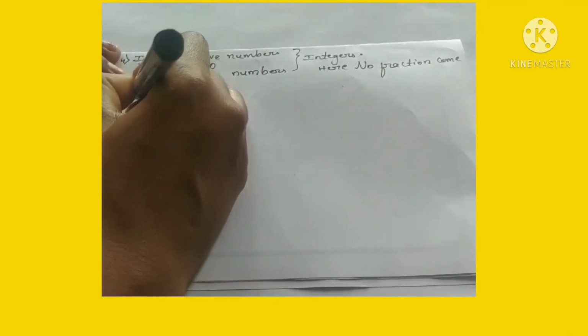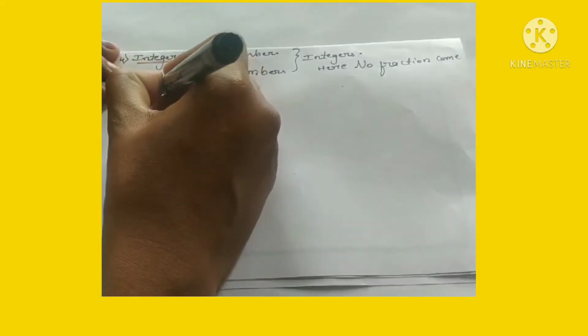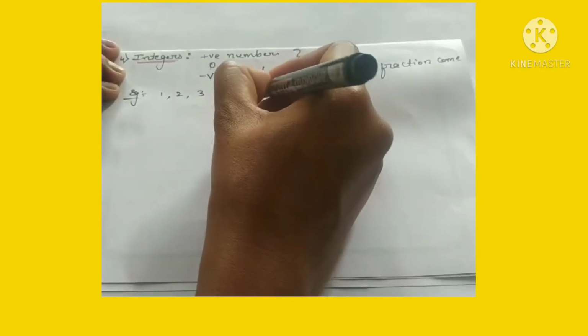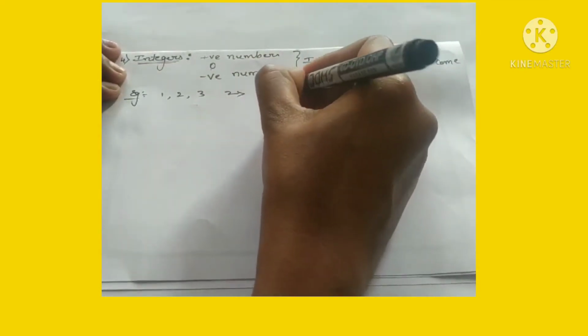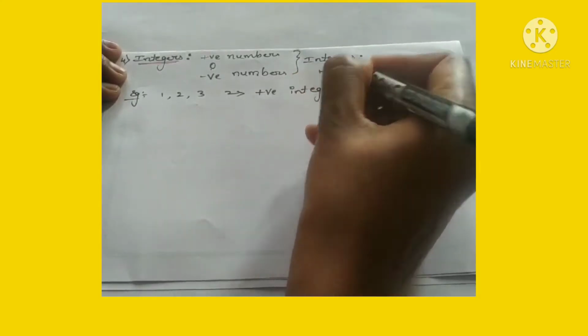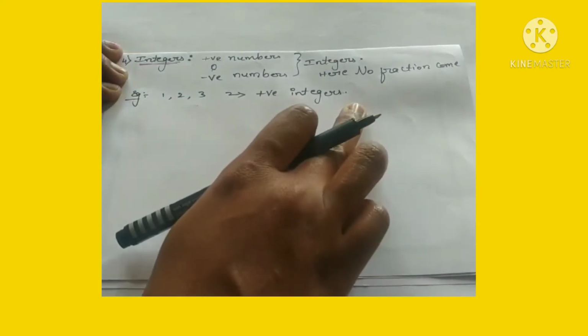For this I will just give some examples. Suppose you consider 1, 2, 3, these all are the positive integers.